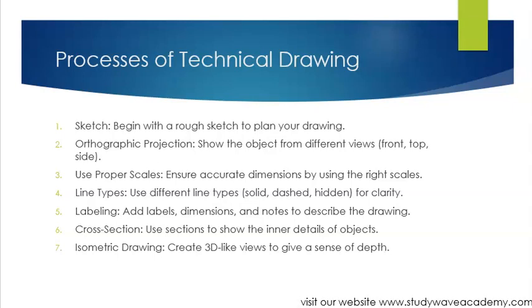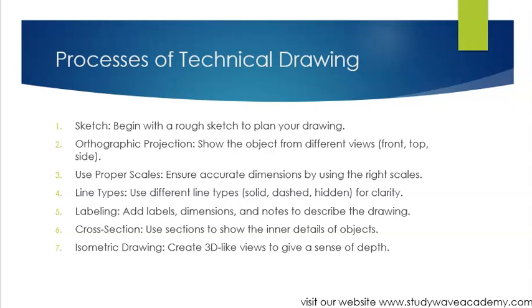So we mentioned the processes as sketching, orthographic projection, use of proper scales, line types, labeling, cross-section, isometric drawing, right? So now we know the processes of technical drawing. So today we talked about technical drawing.